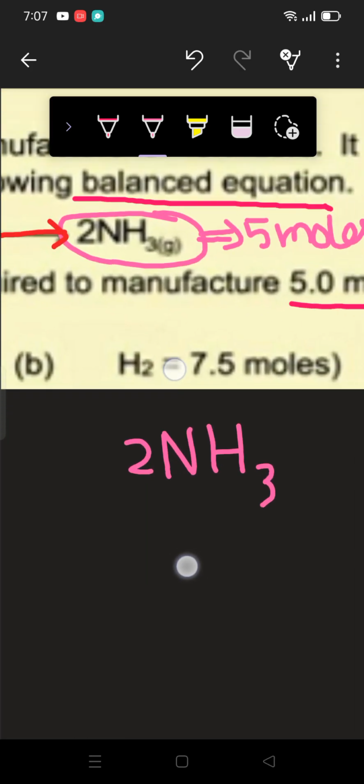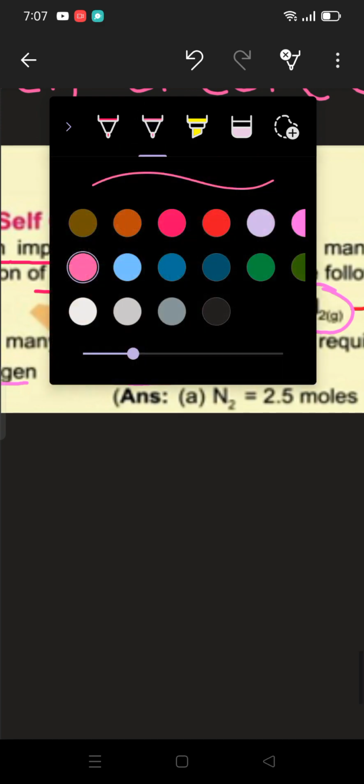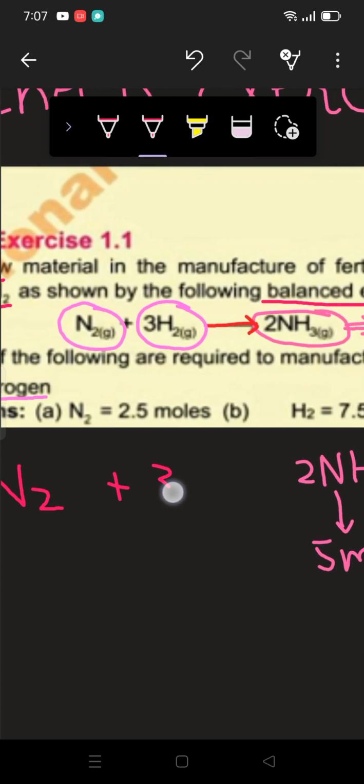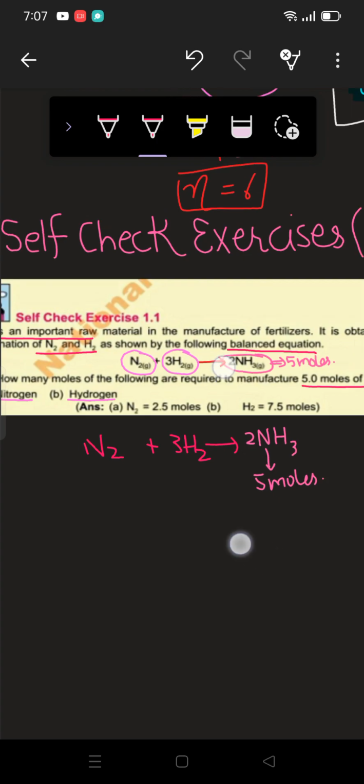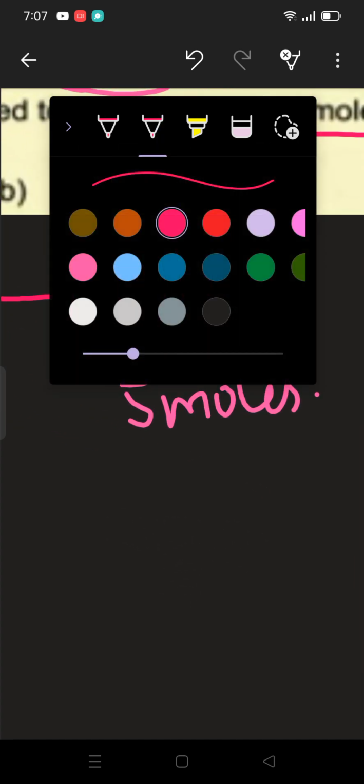Now see, if 2NH3 is given as 5 moles, we need to find the moles of N2 plus 3H2, these two. So 5 moles of this compound is given.